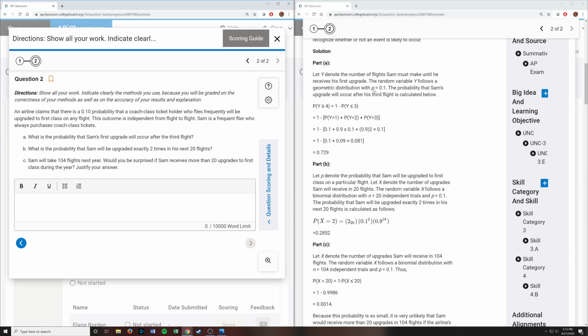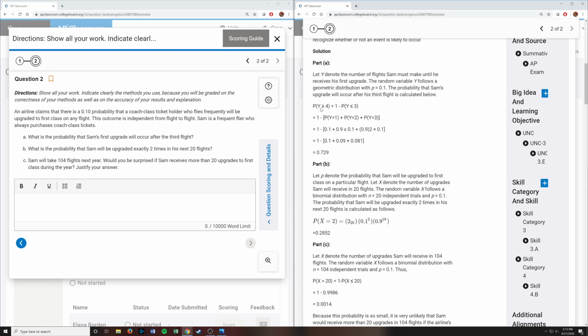Technically, this is geometric because for part A at least, it's the number of flights until the first upgrade. Remember, geometric is the number of Bernoulli trials until the first success. You could also use binomial here. The probability that his upgrade will occur after his third flight, you could do it this way.